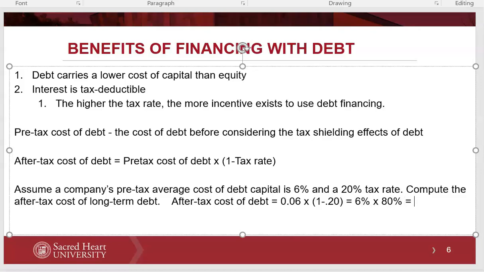And so we would look at this cost of financing not as being 6%, the stated interest rate, but rather the after-tax interest expense, which is 4.8%. Obviously, the lower the interest rate, the better.